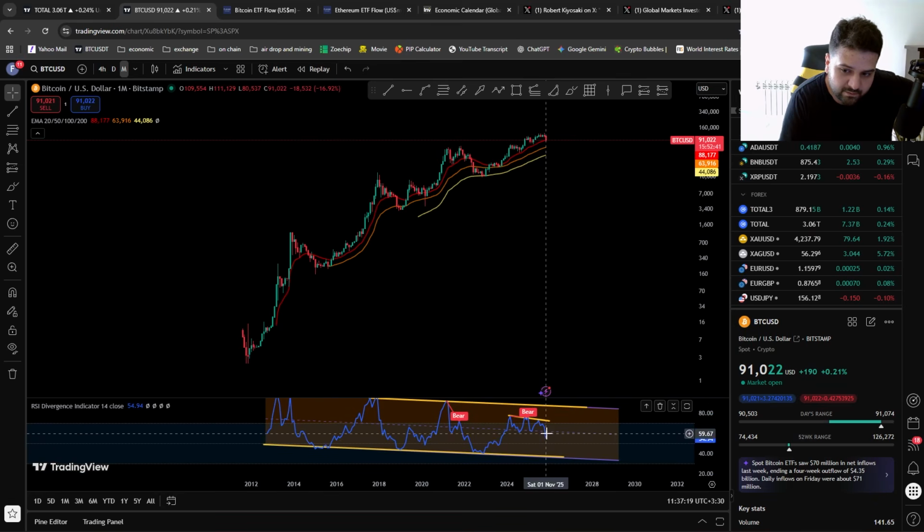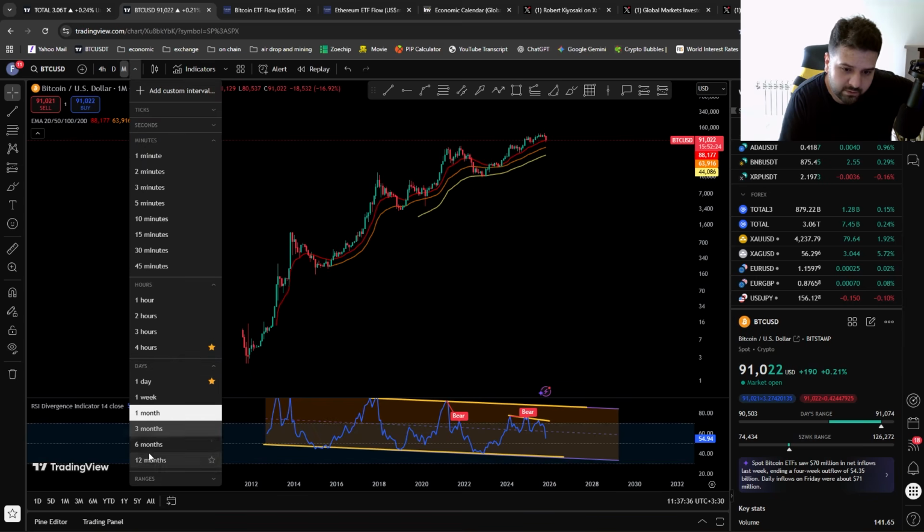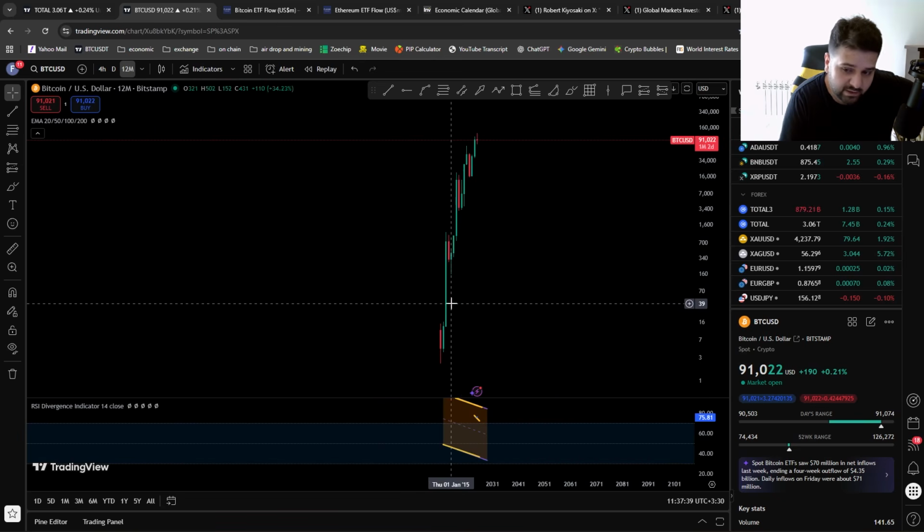But for a bear market, I assume that we have to touch the 37 or 38 level on this monthly RSI. Or we go to the yearly time frame.